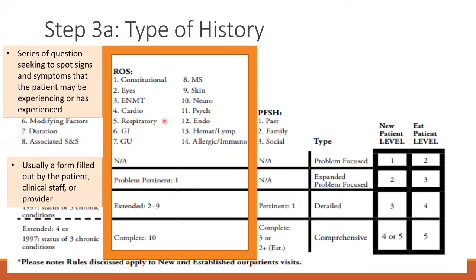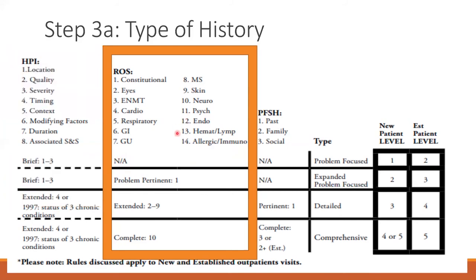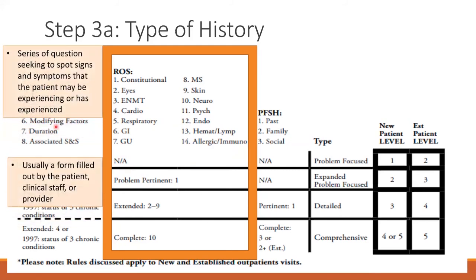Now, once you've documented 4 associated signs and symptoms within your HPI, you then start counting your other associated signs and symptoms toward your review of systems.